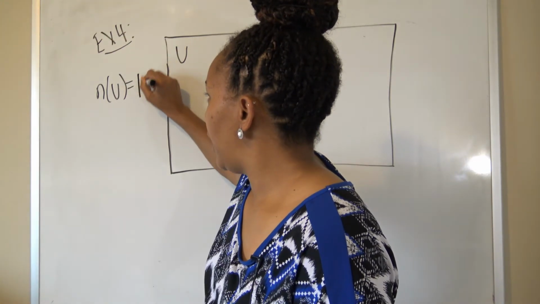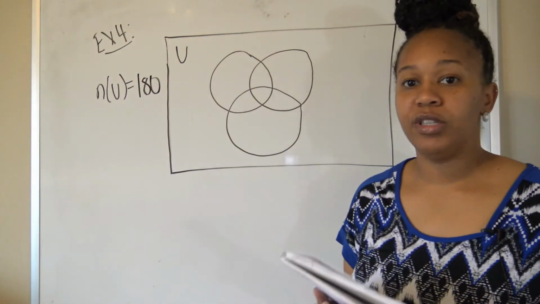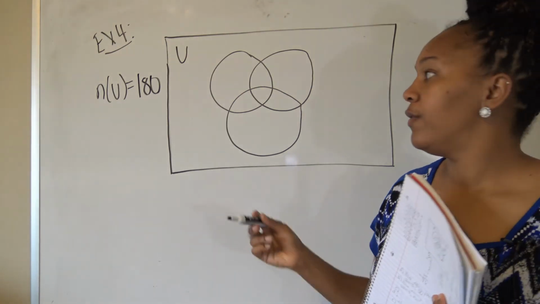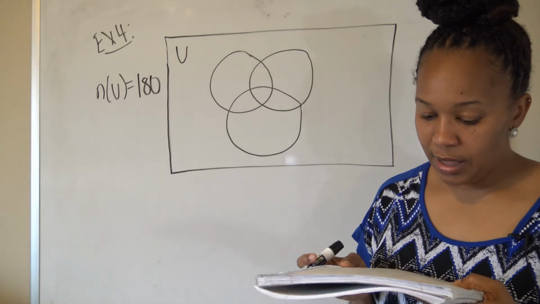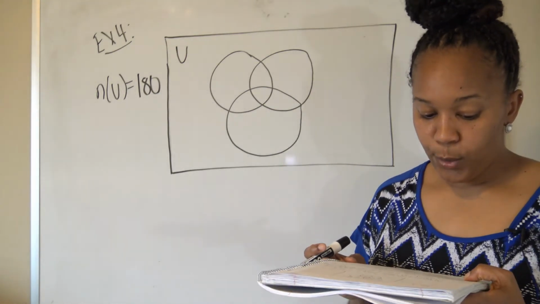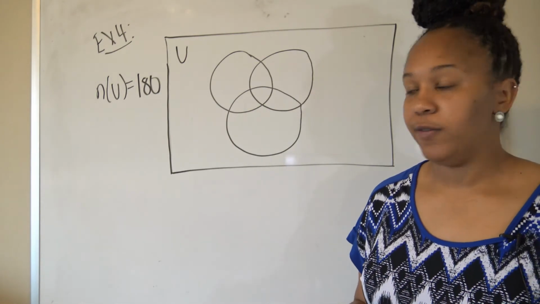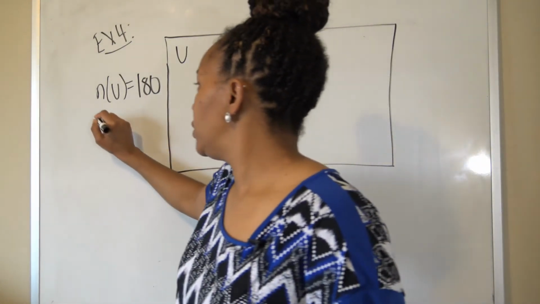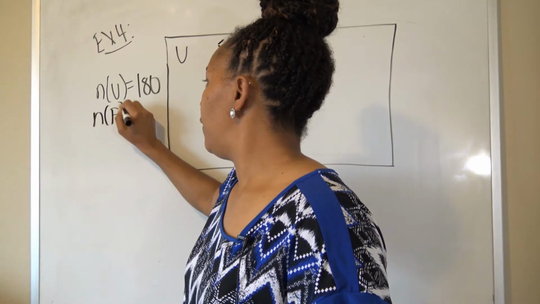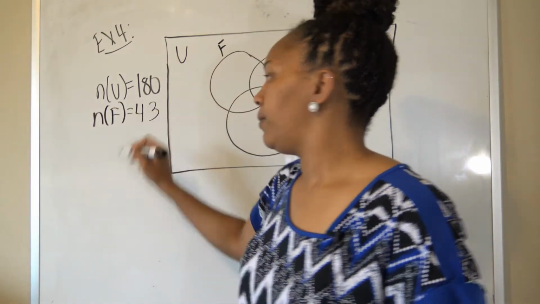There are 180 men that were surveyed altogether. So the number in the universal set will be 180, okay? The next thing is that there were 43 students who participated in fraternities. So I'm just going to call this first circle F for fraternities, and N of F is equal to 43.